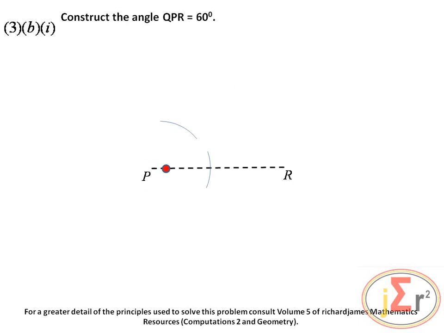Then we are going to place the compass point at the point of intersection of the line and the arc and draw another arc. So that angle that we have constructed, if we draw a line from P through the point of intersection of the arcs, will be 60 degrees.